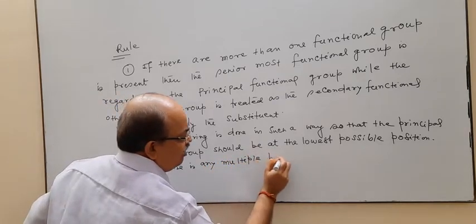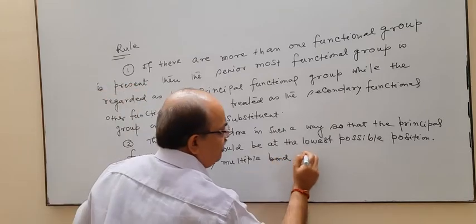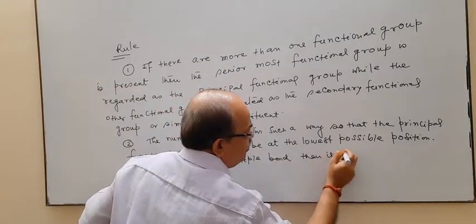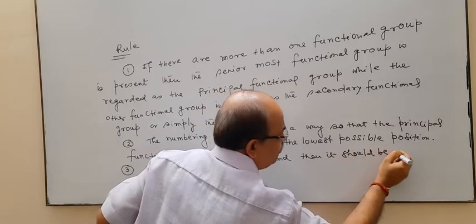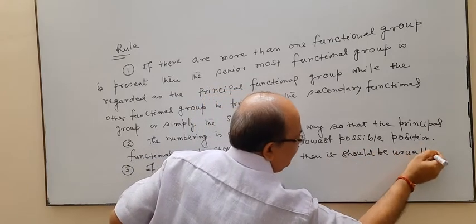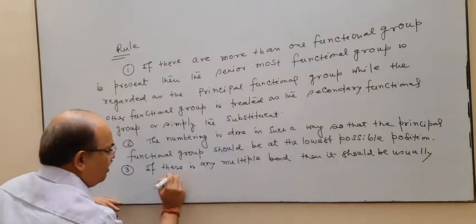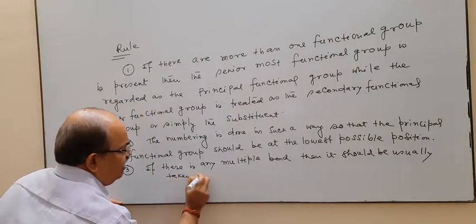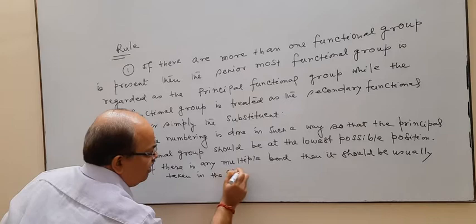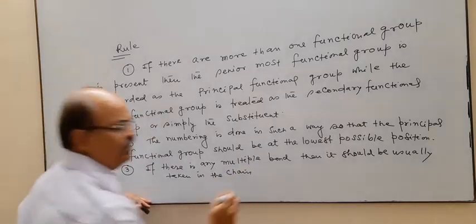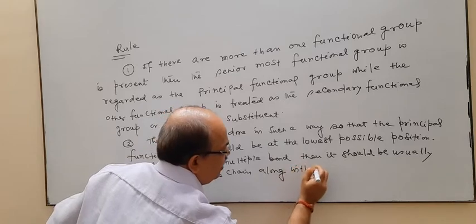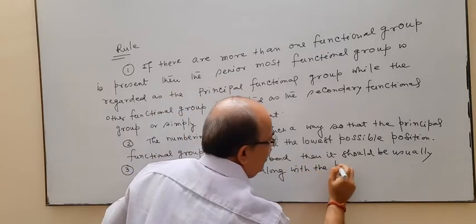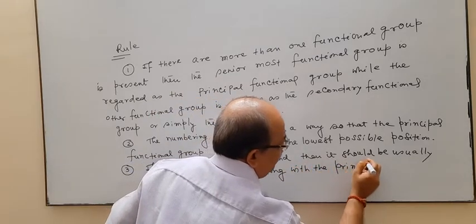Next point, if there is any multiple bond, then it should usually be taken in the chain along with the principal functional group.